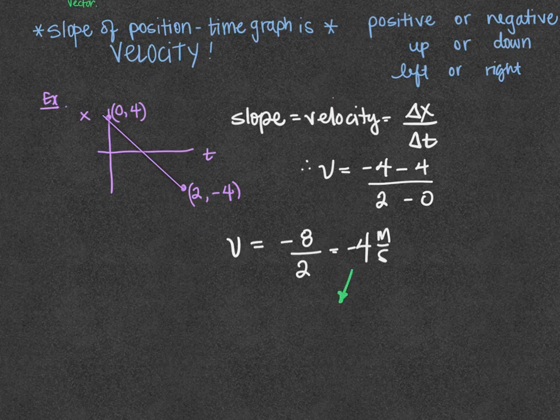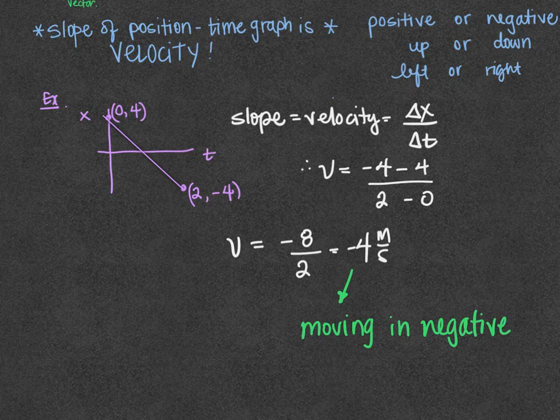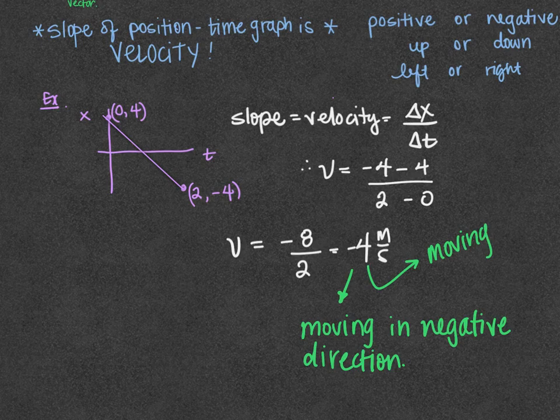So the negative sign tells me which direction it was moving. So moving in the negative direction in this case. Maybe the negative direction is down, maybe it's left, maybe it's south. And then the 4 tells me how fast it's moving. It's moving at 4 meters every second.